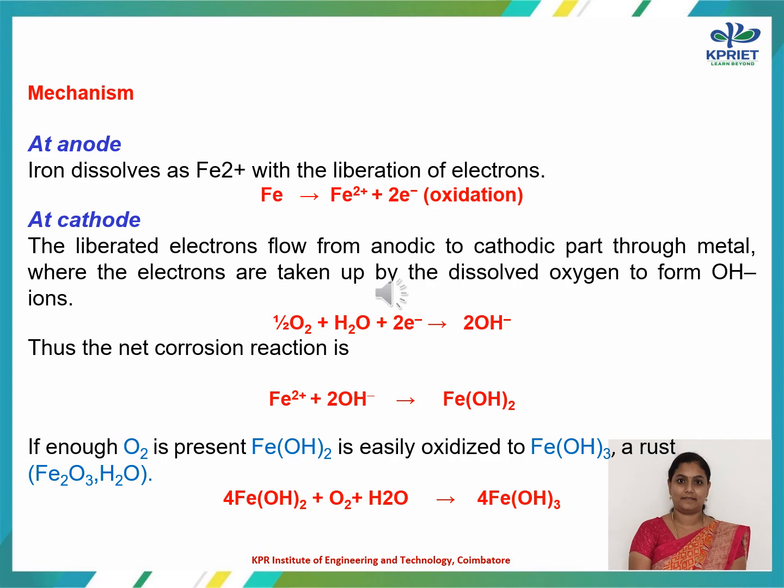Since both the ions have opposite charges, these two ions will combine together to form ferrous hydroxide, which will undergo further oxidation to form ferric hydroxide. That is, rust will be formed as the product.